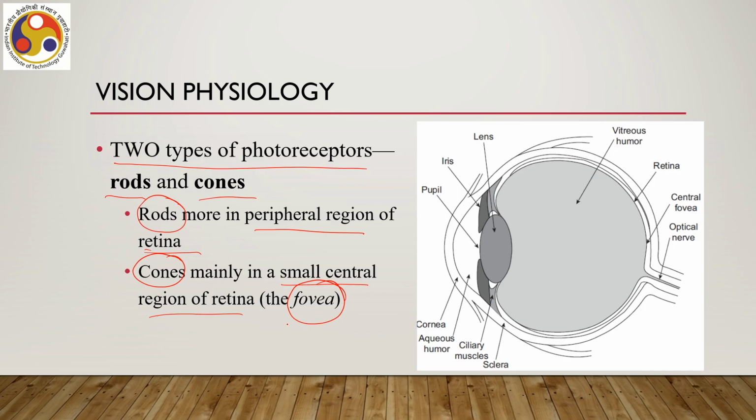So, we have the optical nerve shown here, which takes the signal to the brain. We have the central fovea, so this region contains more cones. Then these peripheral regions contain more rods, the other type of photoreceptors. The whole thing is the retina part.